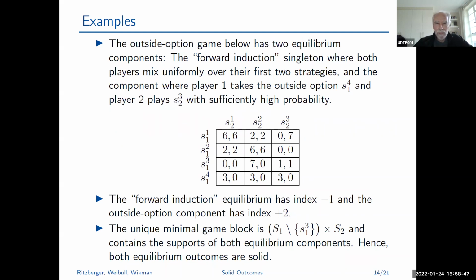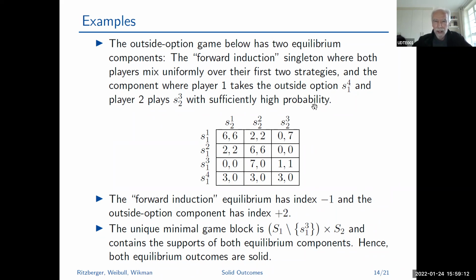This here is a game that is well known in the literature. It also appears, I think, in my textbook somewhere. This is an outside option game that has two components of equilibrium. One is what the older literature used to call the forward induction equilibrium, where player 1 moves into the subgame, which consists of the first 3 strategies.